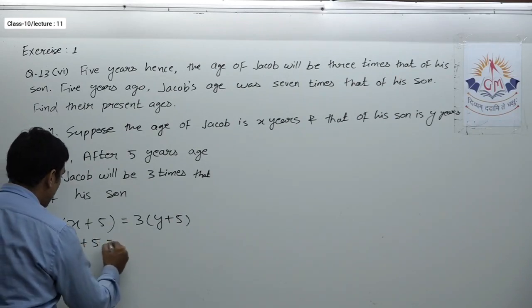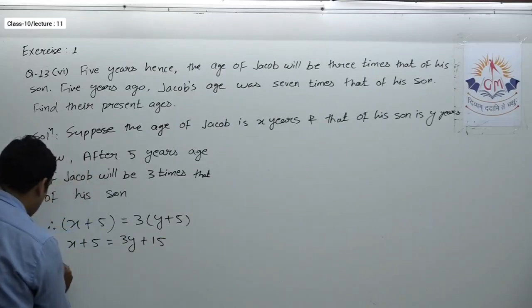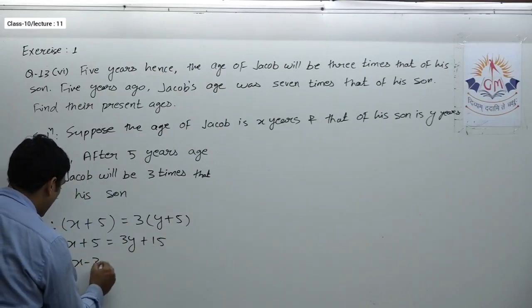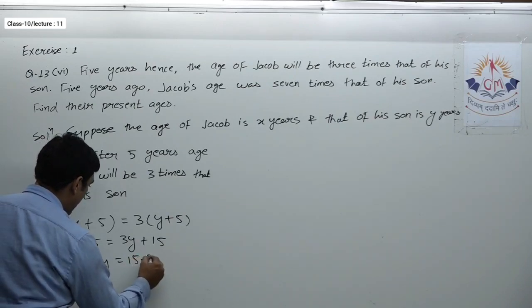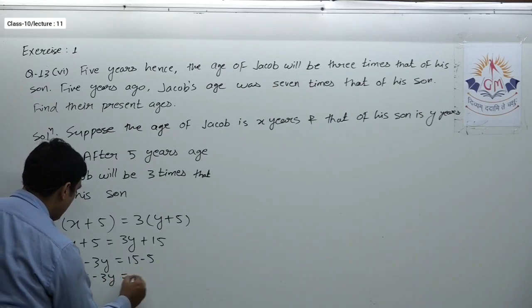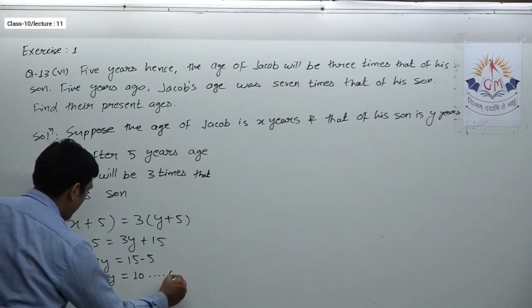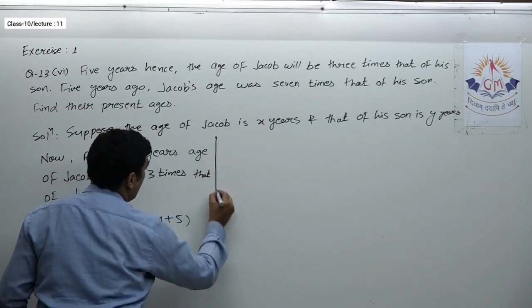X plus 5 is equal to 3y plus 15. That is x minus 3y is equal to 15 minus 5, and hence I can say my first equation is x minus 3y is equal to 10. Okay, I hope this is clear to you.